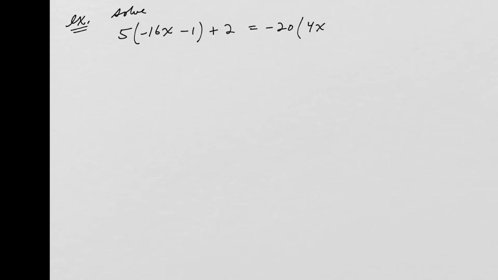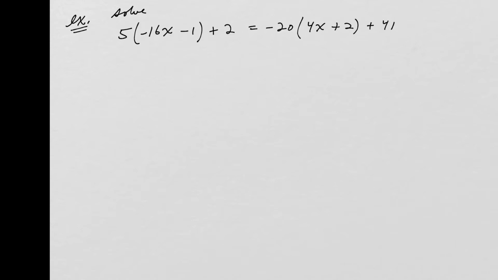Okay, here's another example. Let's say I want to solve this equation. I have 5 times negative 16x minus 1 plus 2 is equal to negative 20 times 4x plus 2 plus 41.